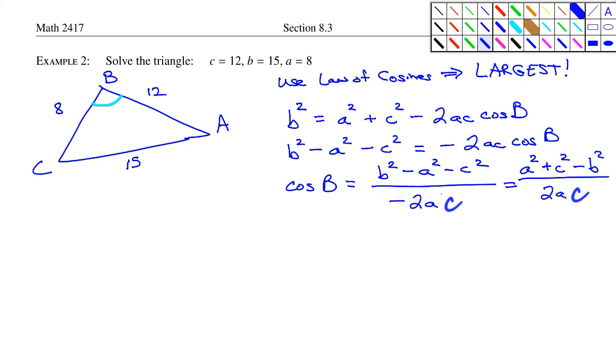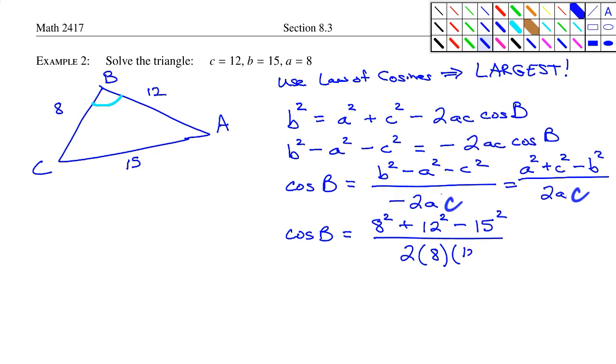So let's plug in the numbers that we have now. The cosine of B is equal to A squared, 8 squared, plus C squared, 12 squared, minus B squared, 15 squared, over 2 times 8 times 12.